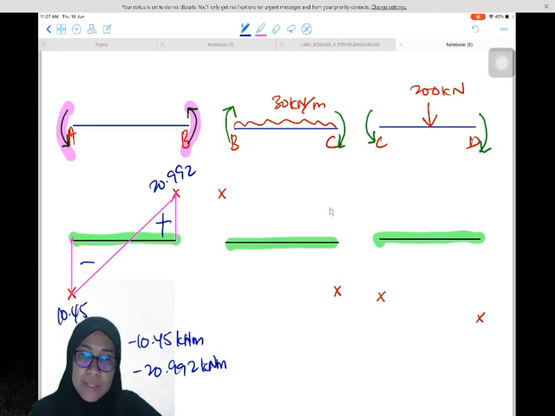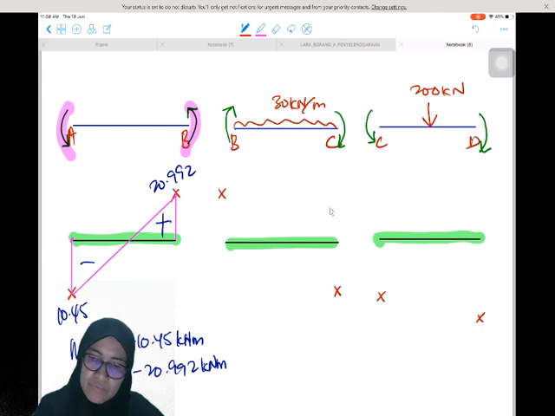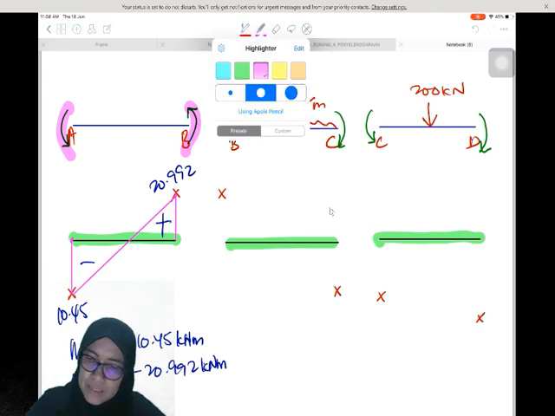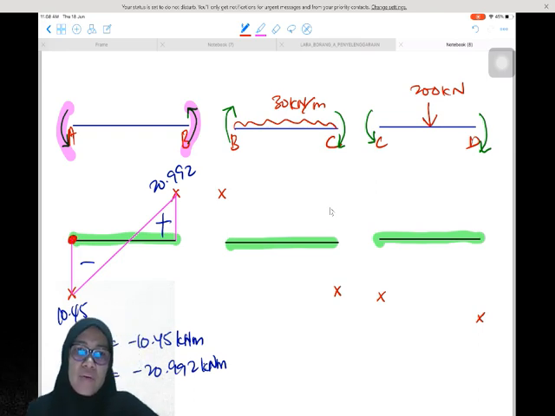Please remember that for the diagram, we must start at zero value, here.